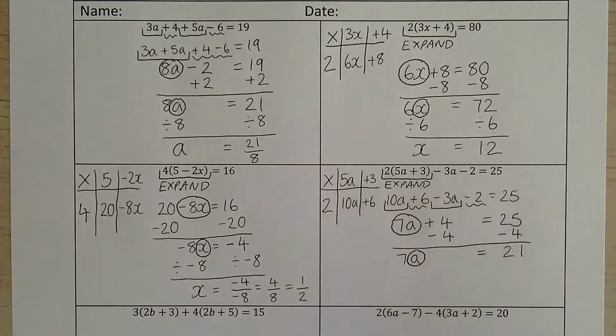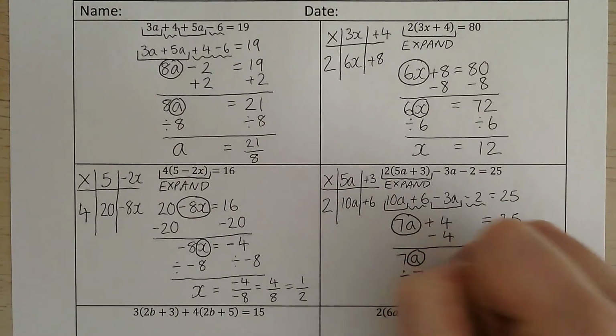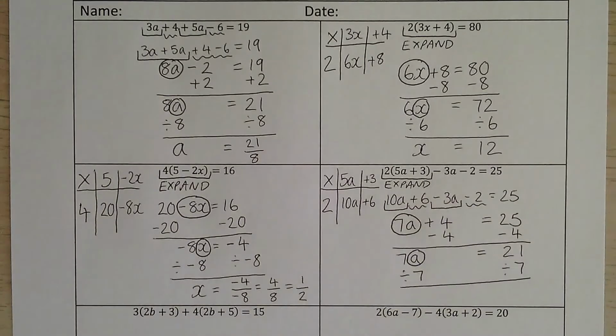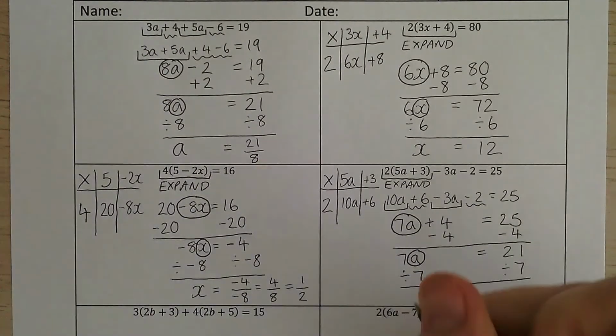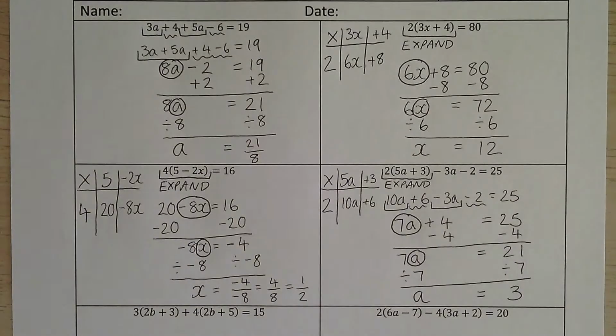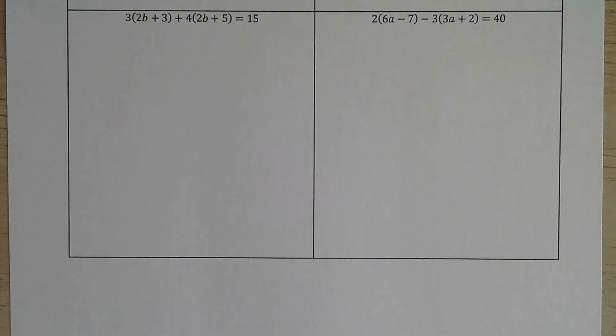So circling A means I need to get rid of the times by 7. So I'm going to divide by 7 on both sides of the equation. And this leaves me with the final answer of A equals 3. On to the next question.